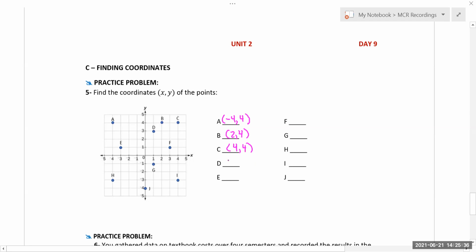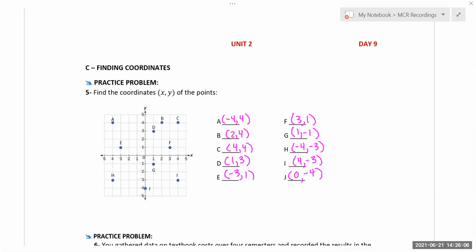Right. And like I said, pause, because let's see how you do with the rest of these. Can you get them all correct? All right, so you can see how you do with those.